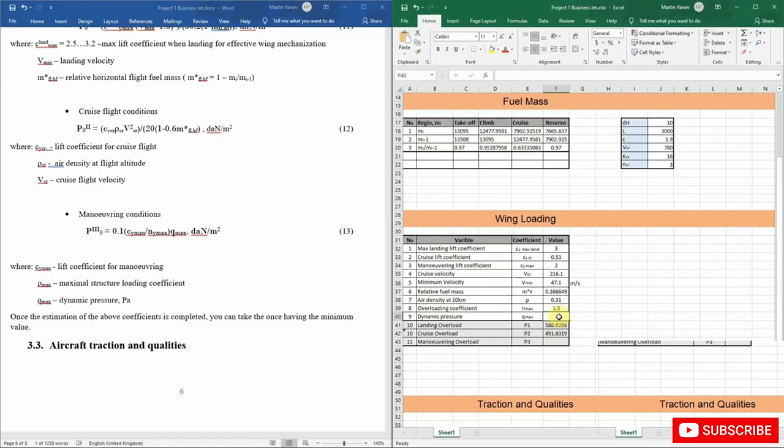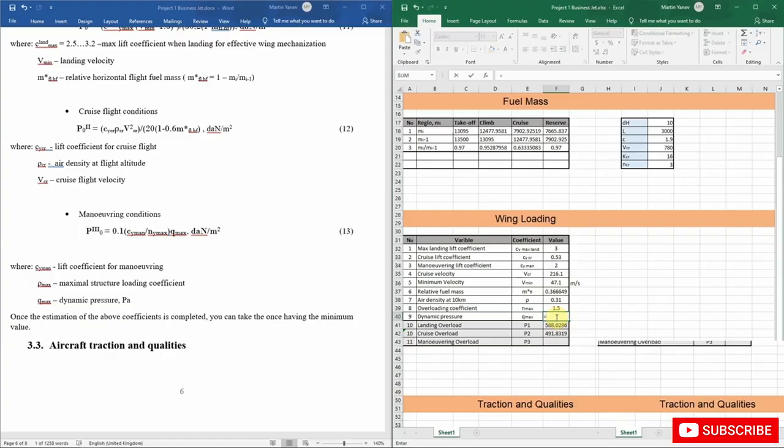The dynamic pressure is estimated actually quite simply. This is the pressure that is made from the velocity. So it's related to the velocity at that altitude, so to the maximum velocity. And I will show you how much it is.